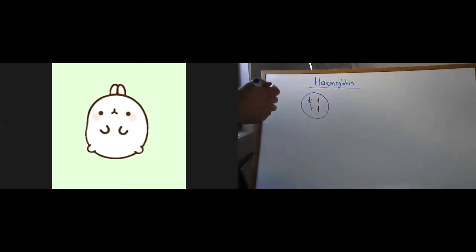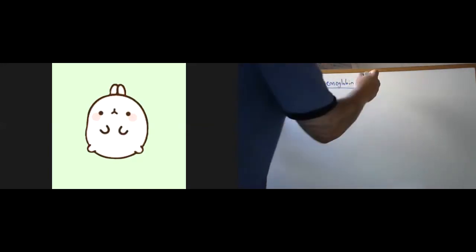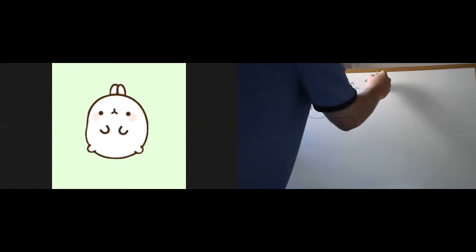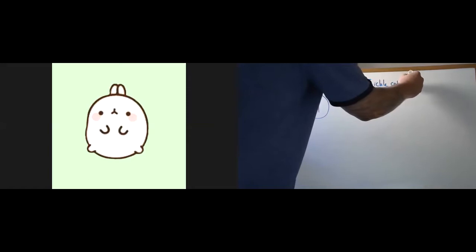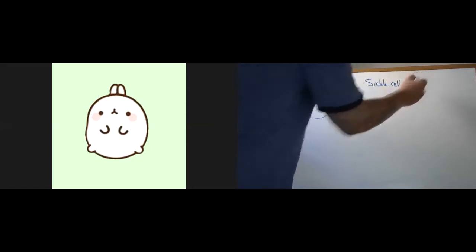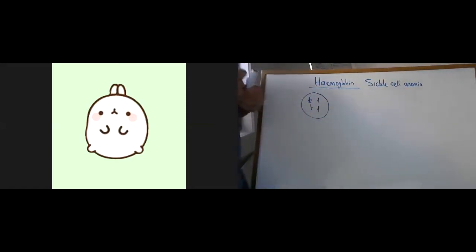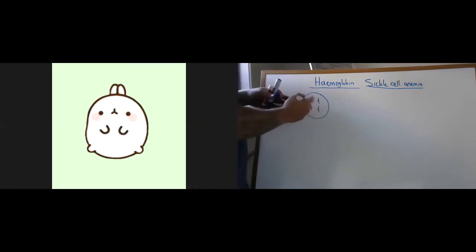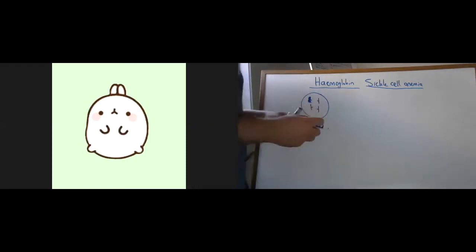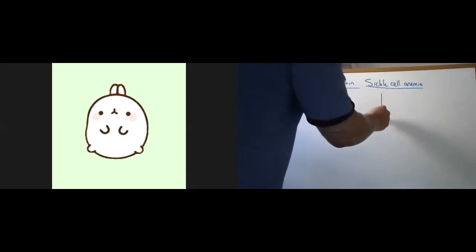Unfortunately, when this happens, we get what's called sickle cell anemia. So instead of making this nice donut shape, we change the shape of this one protein here, and the cells end up looking like this.